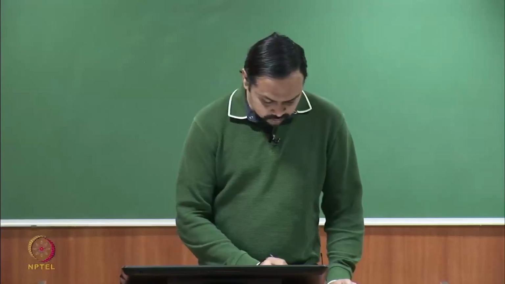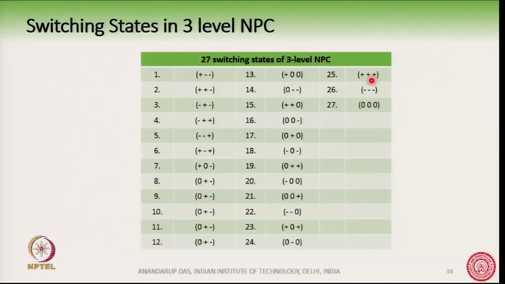These 27 switching states of the 3-level NPC are shown here. For example, plus minus minus is one switching state. Plus means the A phase is at Vd by 2, minus means the B phase is at minus Vd by 2, and another minus means the C phase is at minus Vd by 2.